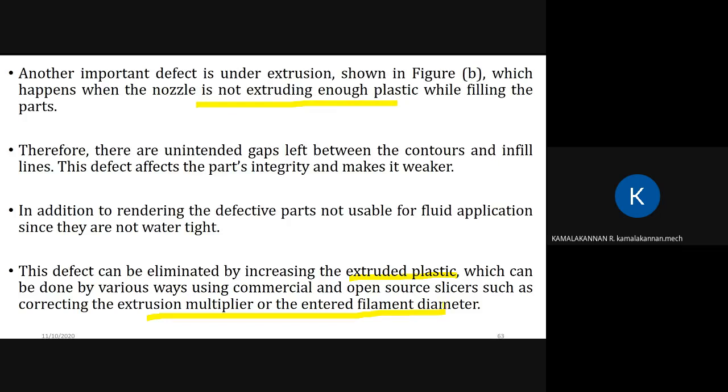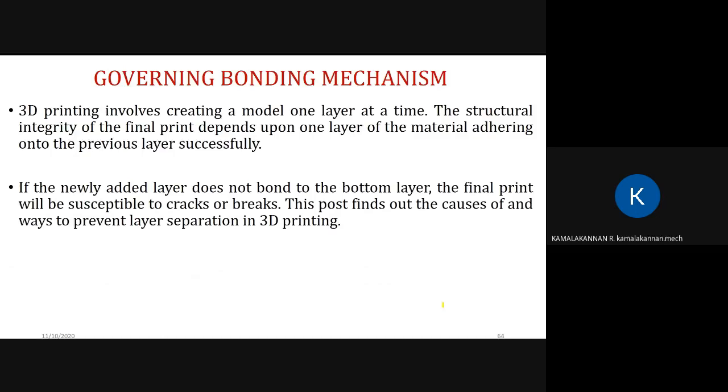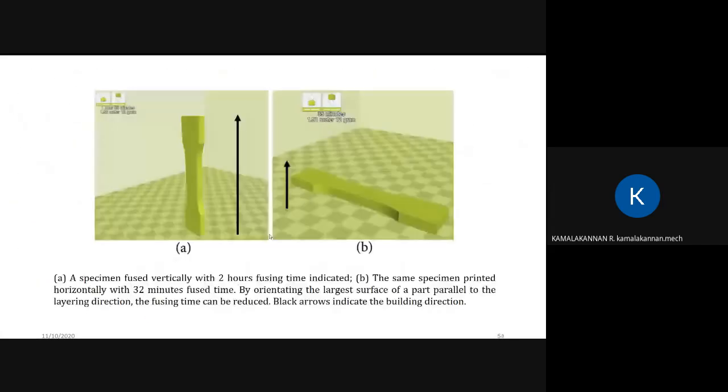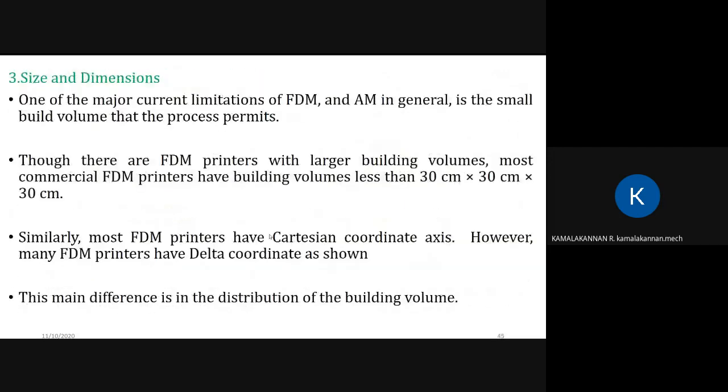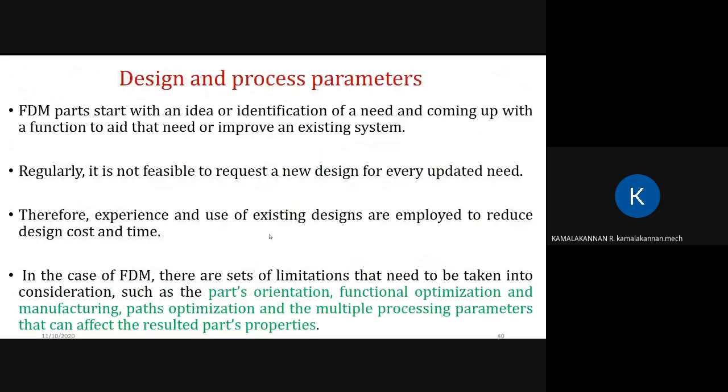Okay. Next one is the governing bonding mechanism. So this is what the actual topic is. We have seen about 10 topics of design and process parameters of the FDM 3D printer.